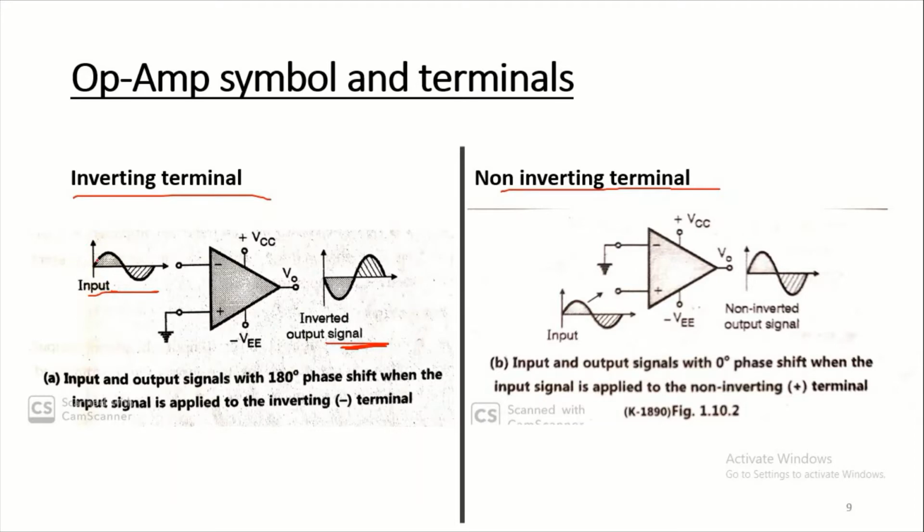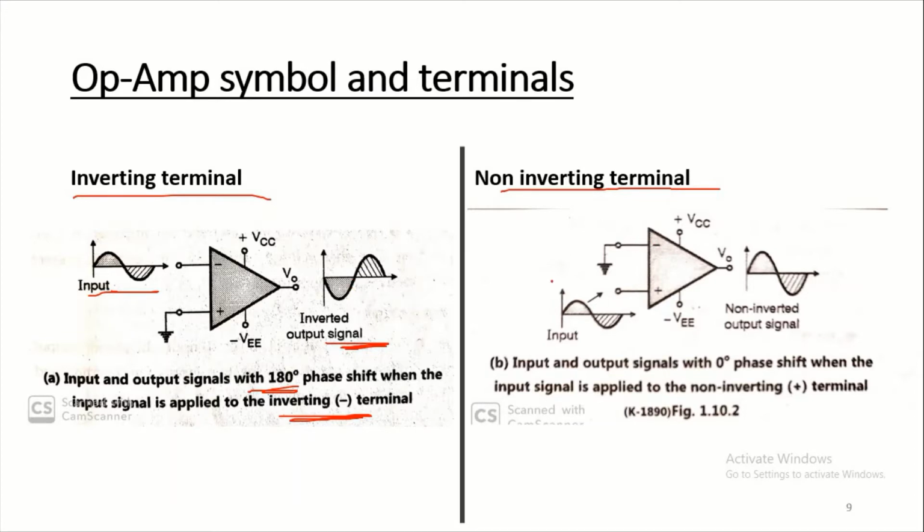Here the input signal is this and the output signal is this, which has a 180 degree phase difference with respect to the input signal. Input and output signals have a 180 degree phase shift when the input signal is applied to the inverting terminal, the minus terminal. Means here the first half cycle is positive, but here the first half cycle is negative.